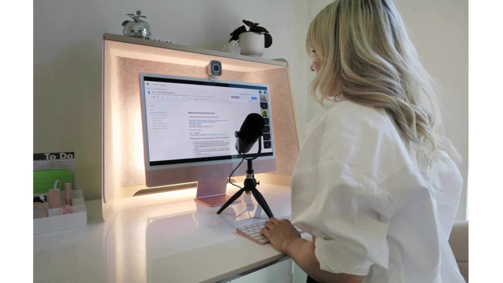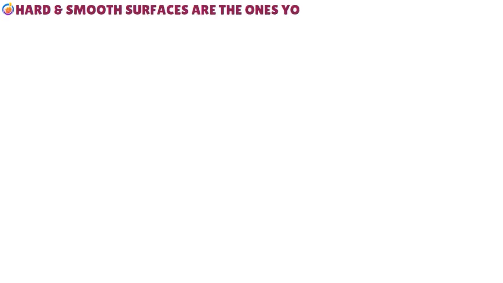Whether you are recording in your basement, your living room, your closet, or at a leased or dedicated facility, you got to understand that certain walls are worse for reverb. Generally speaking, hard and smooth surfaces are the ones you want to avoid. Whether you are in your basement, your living room, or your front yard and backyard, you want to really avoid hard and smooth surfaces.